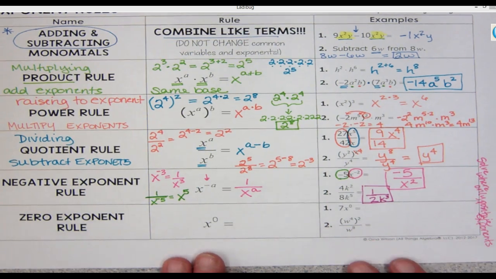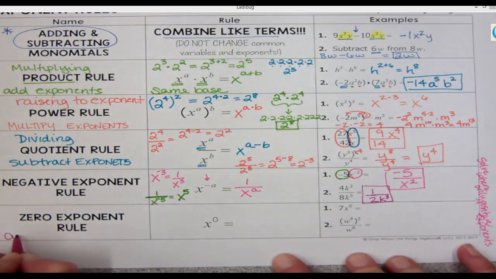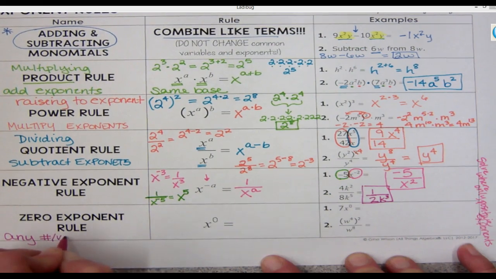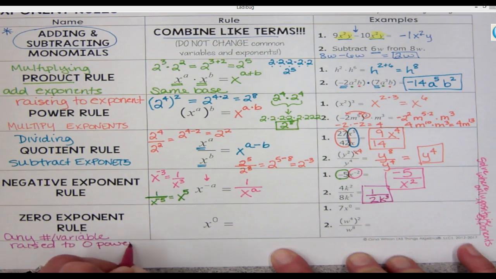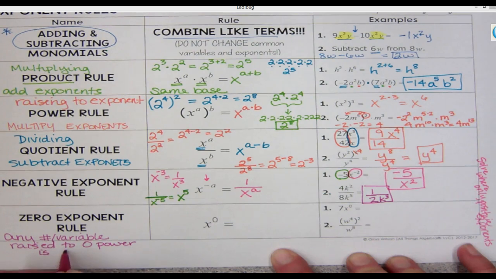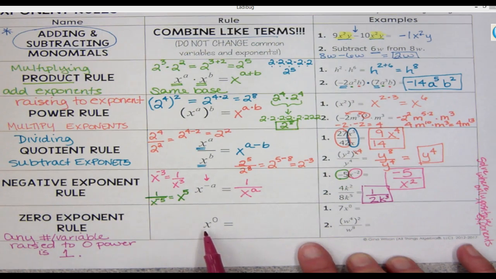Lastly, you've got your 0 exponent rule. Any number or variable or anything raised to the 0 power is 1, period. So I don't care what this is.